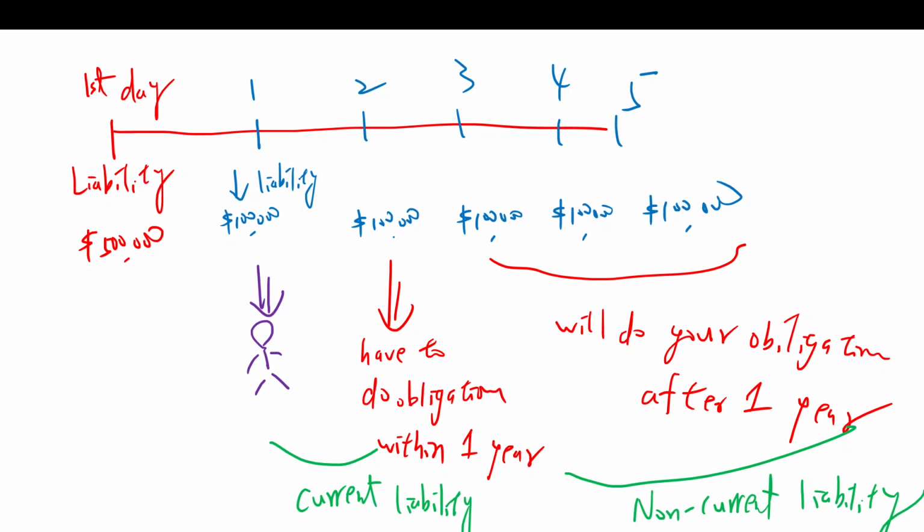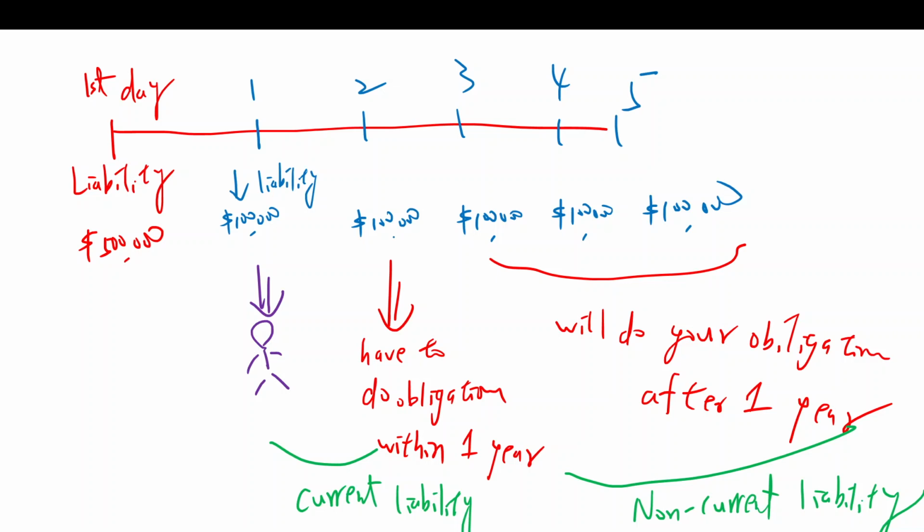So when we report the situations on financial statements, you should be careful whether it is current or non-current, because you have to tell outsiders the situation. If I'm the financial statement user, I know, okay, current liability, your company had to do something within 1 year.